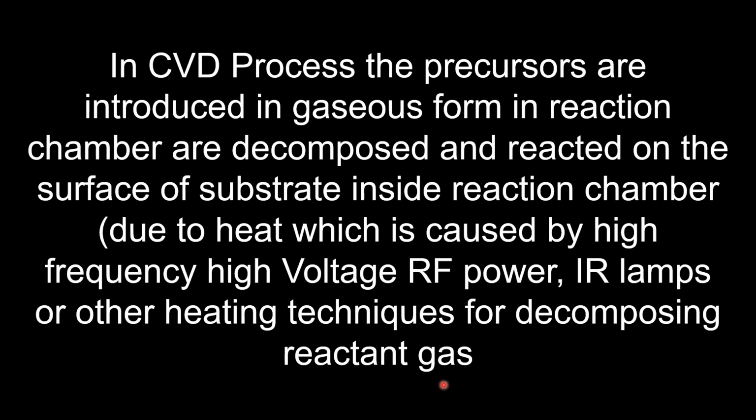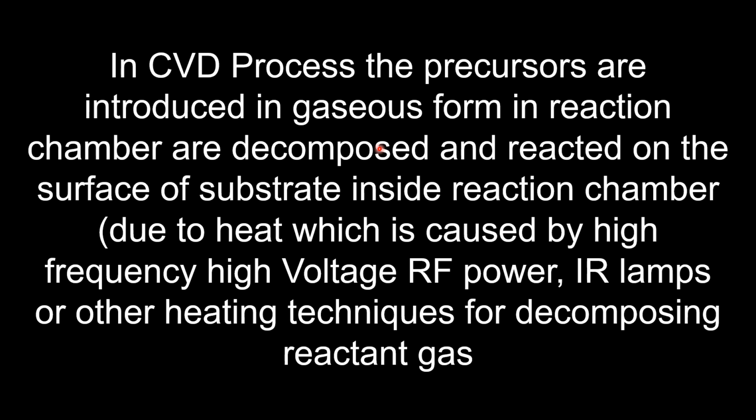So now the question here is this. As I have previously discussed, in a CVD process, we introduce a precursor gas in a reaction chamber. So, in a conventional CVD process, the precursor gas is basically heated in different ways.